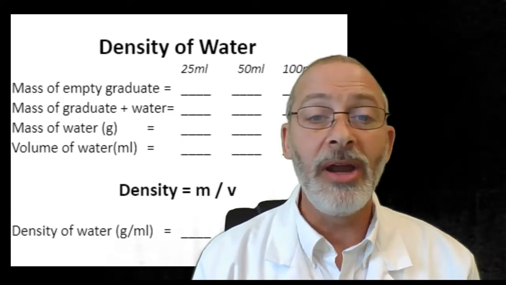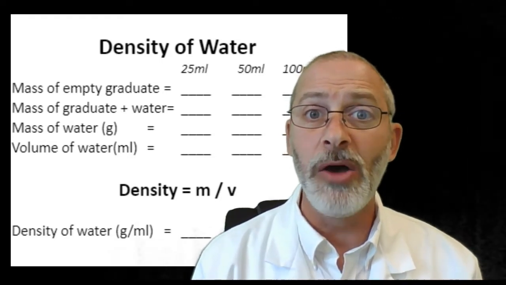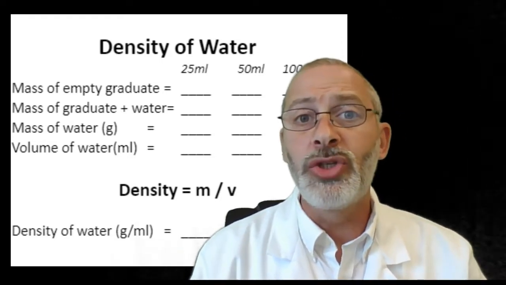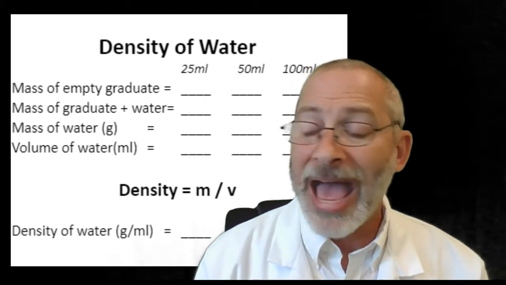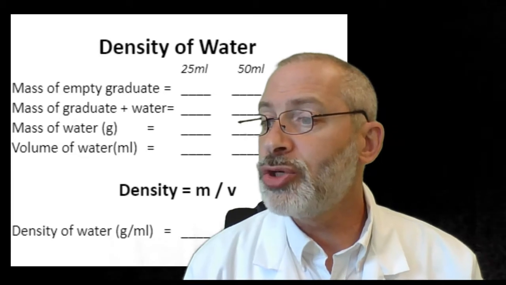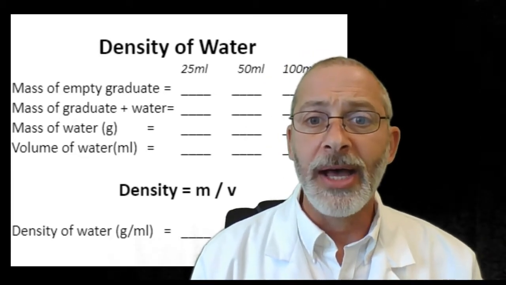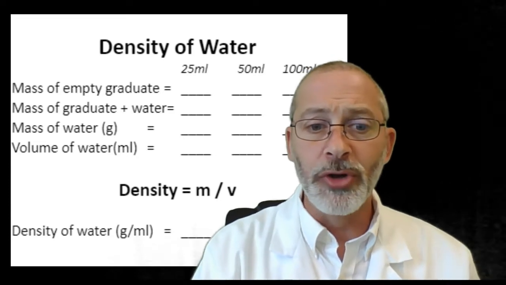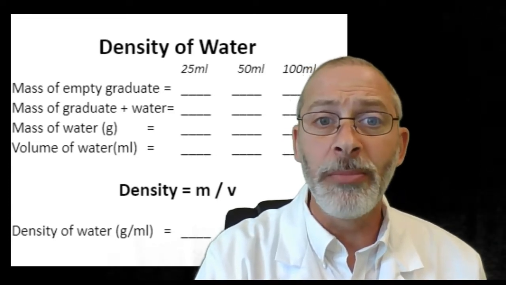Now, there are a series of steps in the procedures we're going to follow, and I'm going to perform those steps for you now. So it says measure and record the mass of the graduate. So I'm going to go over to our lab right now and perform this for us.